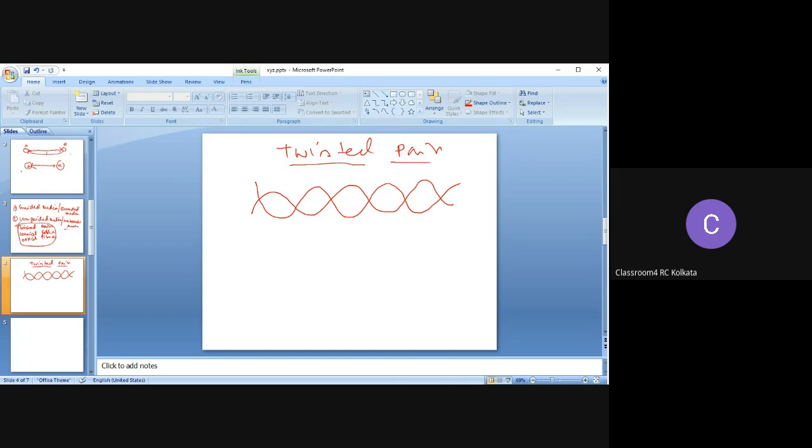It is the oldest and most common transmission medium. This is the least expensive and most widely used guided transmission medium. It consists of two insulated copper wires arranged in a regular spiral pattern.